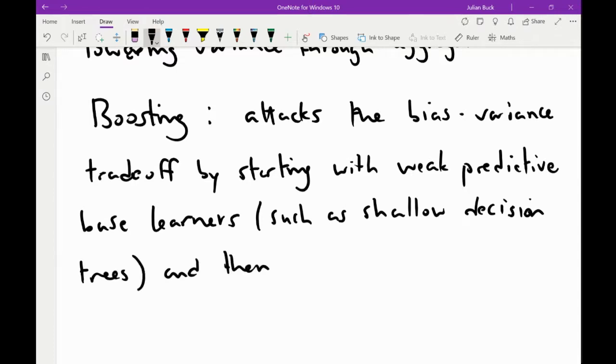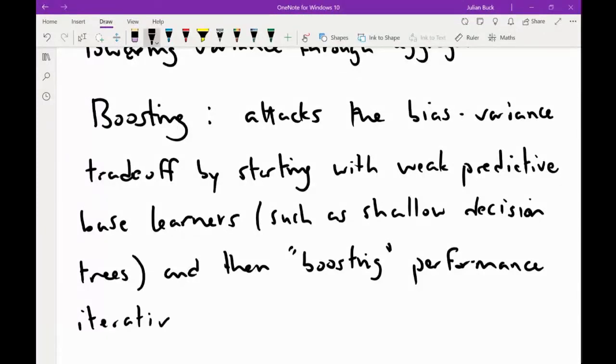And then boosting performance iteratively to reduce bias. So remember that bias is essentially a measurement of how well or how badly the model fits the data, right?